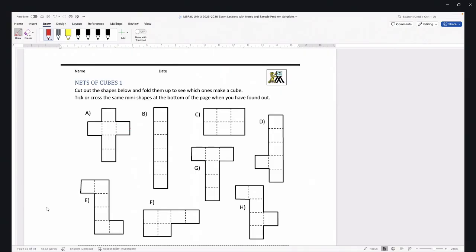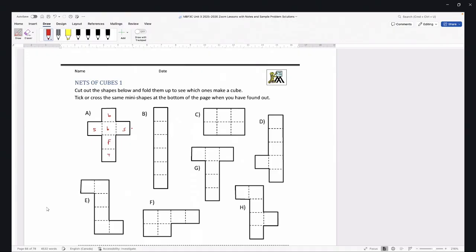Well, if I fold, this can be the side, that's the side. Okay, I'm just going to put S's there for now. Side, side. This can be the back of the box. This can be the front of the box. This can be the bottom of the box. And this part will become the top.